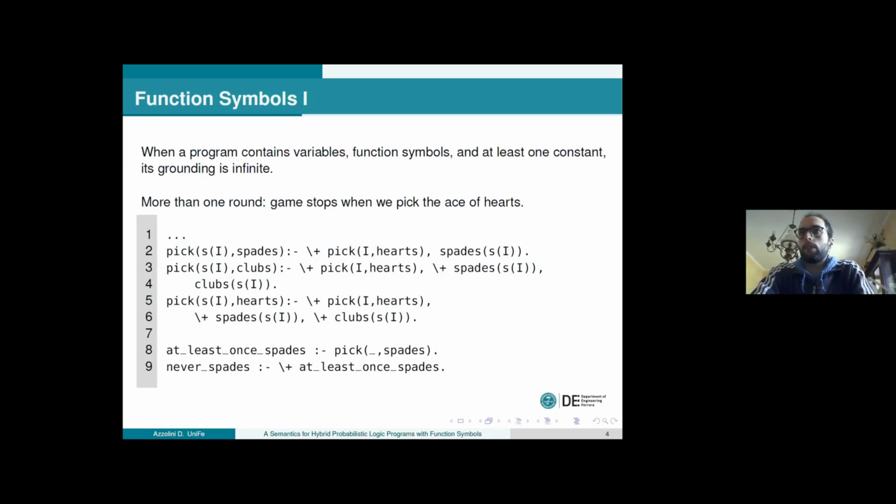Here, the function symbol is S, and S denotes the index of the round. The first round has index 0, the second round has index S(0), the third round S(S(0)), and so on. We can be interested, for example, in computing the probability that the player picks spades at least once. So the query is line 8.